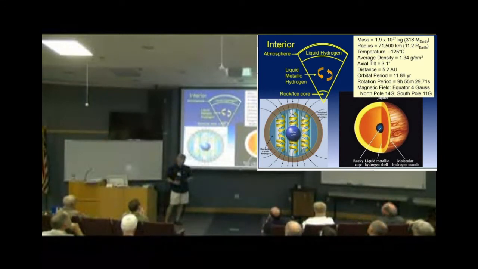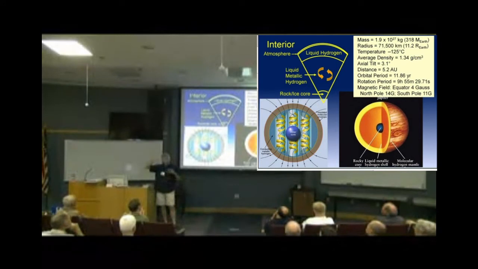So we say metallic hydrogen. So we know metals have that one valence electron that allows electricity to conduct. So hydrogen has 1 electron. So under the right conditions, it is in a metallic state, so it conducts electricity.